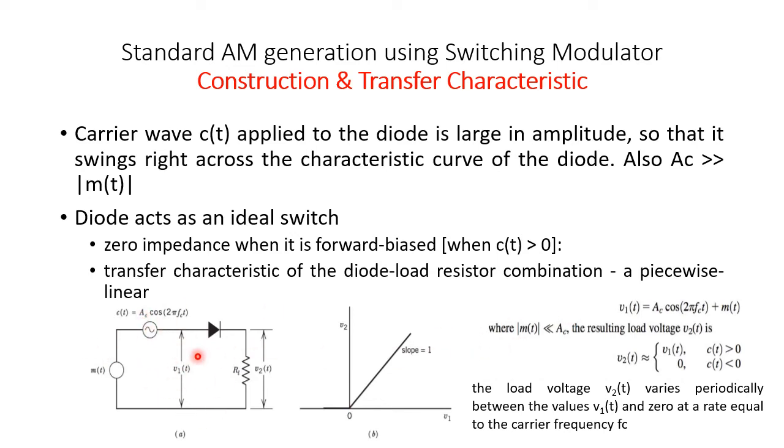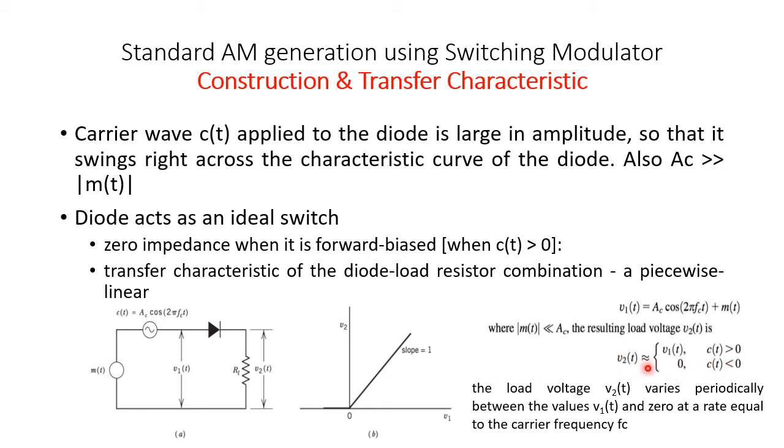Here this V1 of t, the voltage at this node, will be Ac cos 2 pi fc t plus M of t, right? That is obvious. When the magnitude of M of t, the message, is always at any given time less than Ac, we can represent the resulting load voltage V2 of t as V1 of t when C of t is greater than 0, that is when the diode is switched on or short circuited, and it will be 0 when C of t is less than 0.